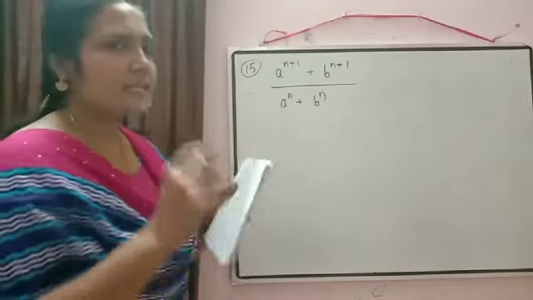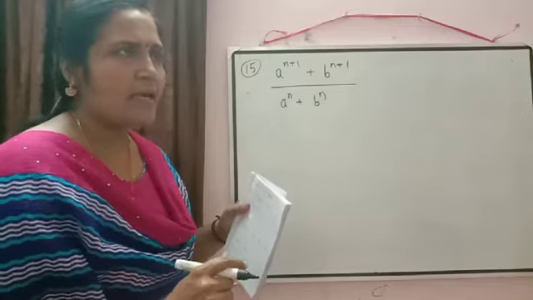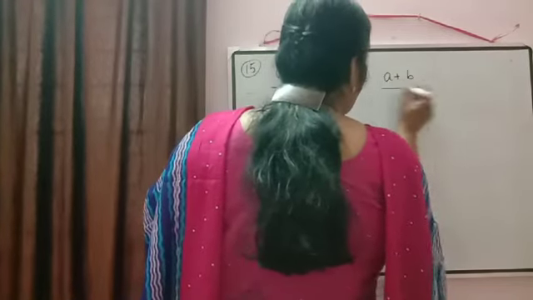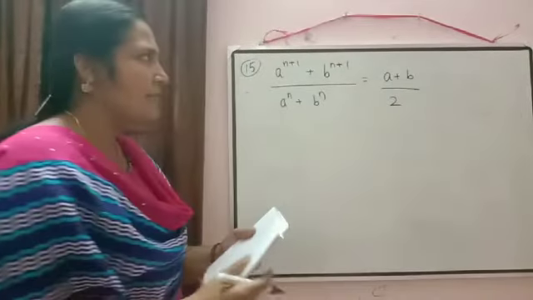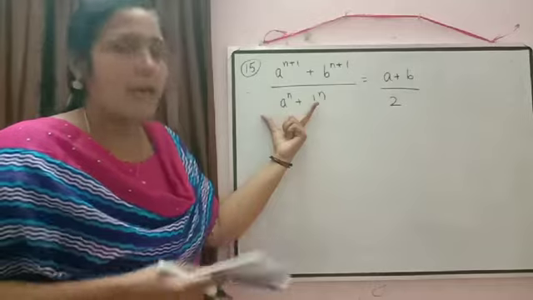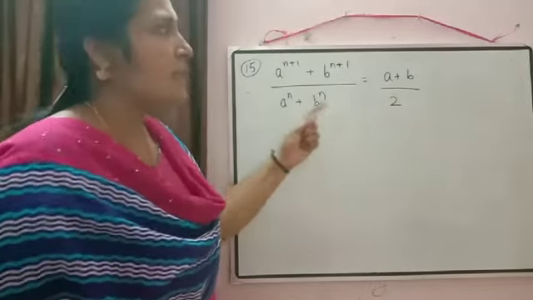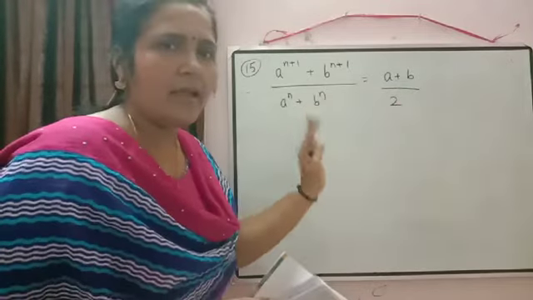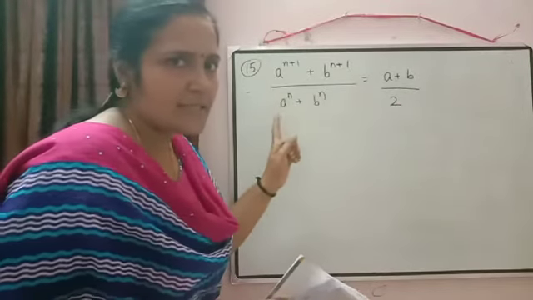We know the arithmetic mean of A and B is equal to (A plus B) by 2. According to the question, it is given that this is the arithmetic mean of A and B, but we know the arithmetic mean of A and B is equal to (A plus B) by 2. Is it clear why I wrote this expression?